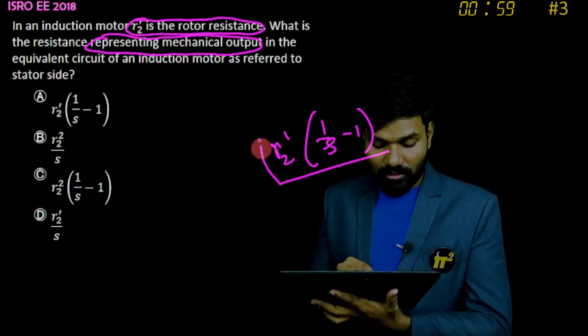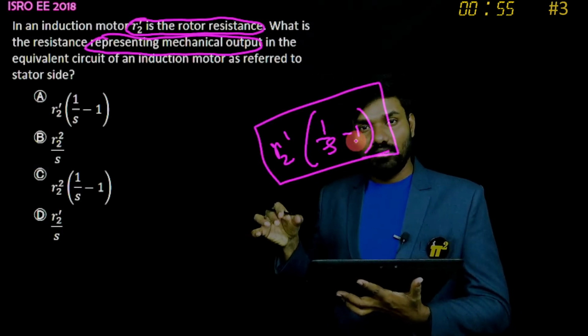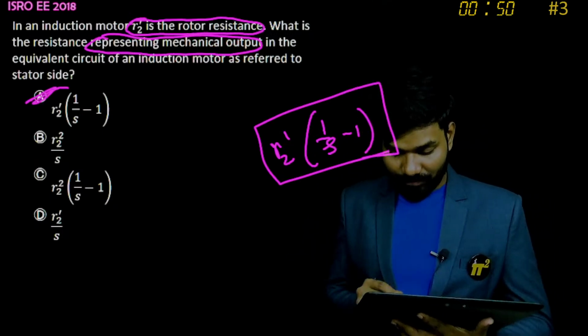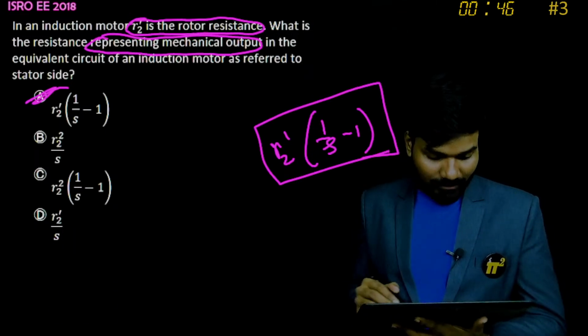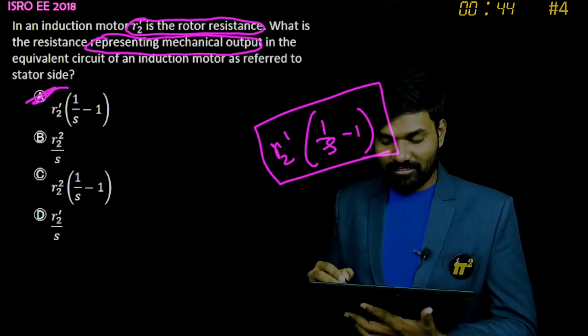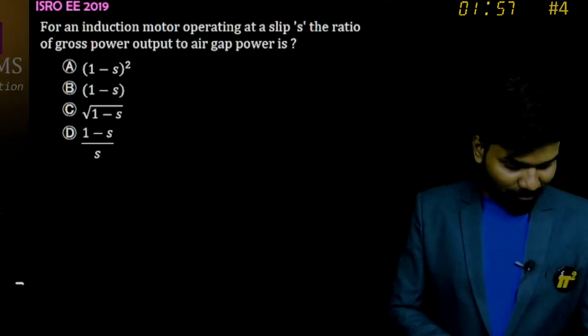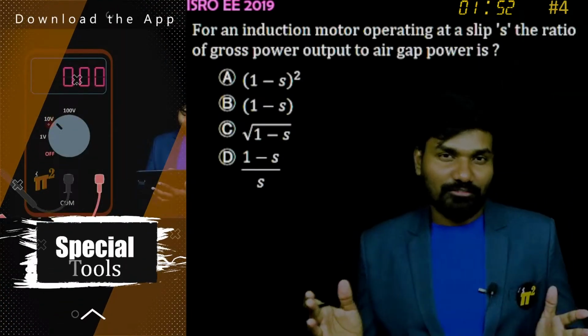This is the resistance which is equivalent to the mechanical output. So answer is A. Yes, Raju, Ashrit, you're absolutely right. Straight questions, guys. For these questions, if you're taking much time, then it's a funny thing. This is also a 15-second question.